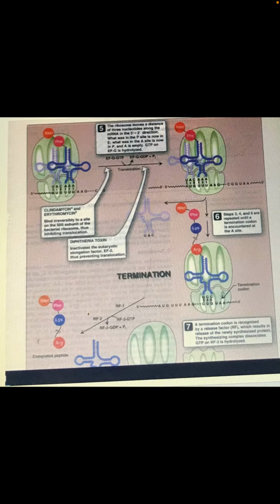After the process of protein synthesis is completed, we must know these different types of medicines, so we can stop the synthesis of these microorganisms, especially bacteria, in our body.